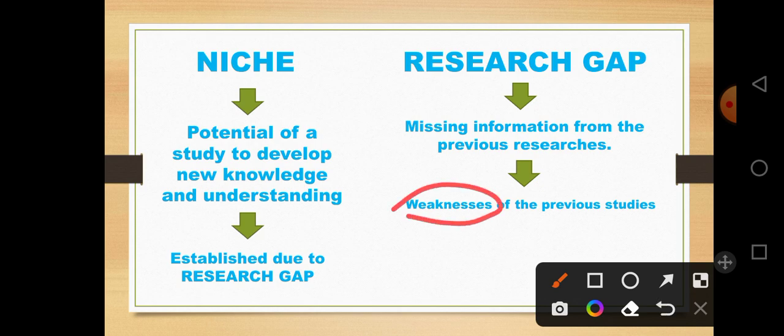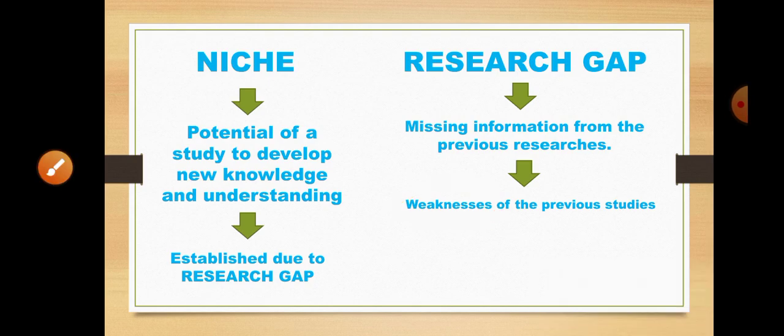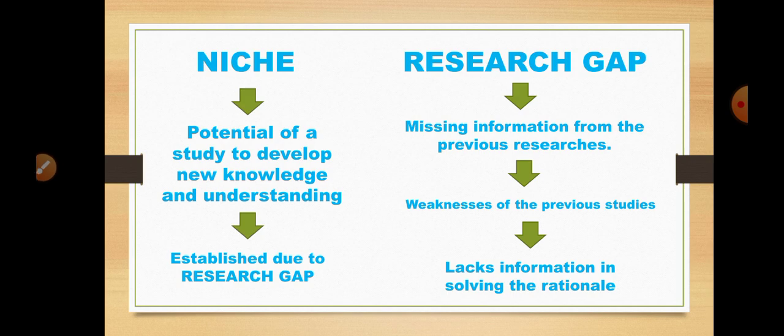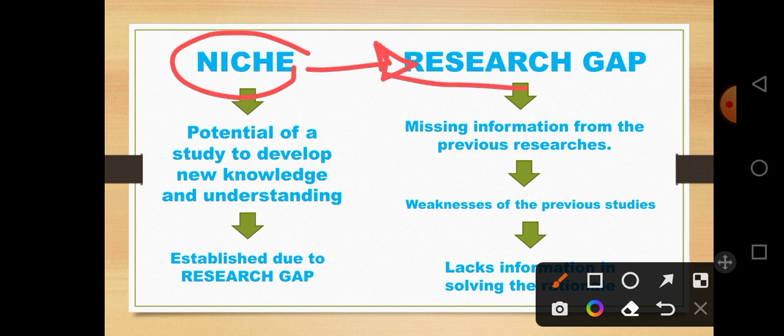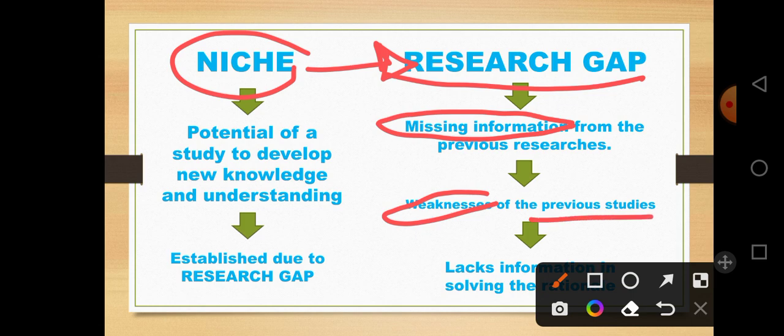If a study has weaknesses, it means that it lacks further information on how to solve the existing problem or the rationale. Again, class, we have to establish a niche so that we can bridge the research gap. This research gap pertains to the missing information that highlights the weaknesses of the previous studies.